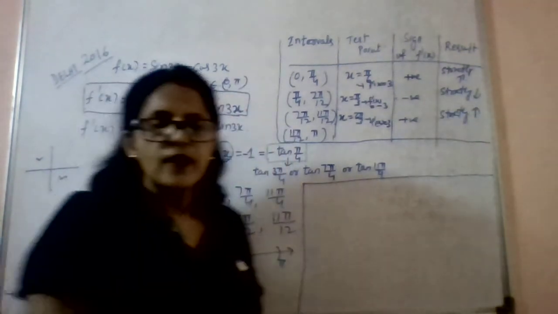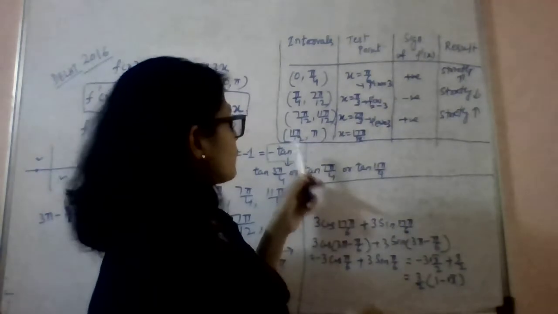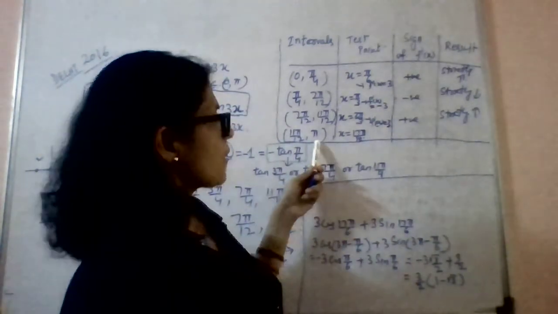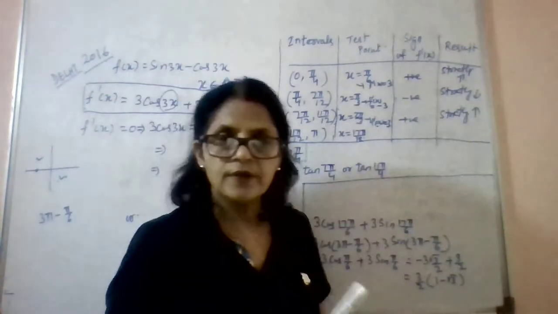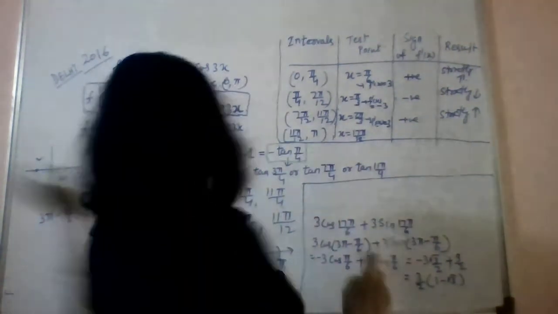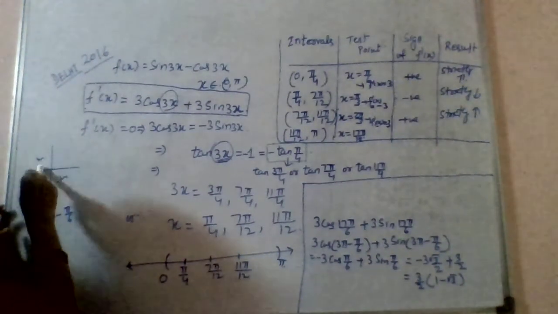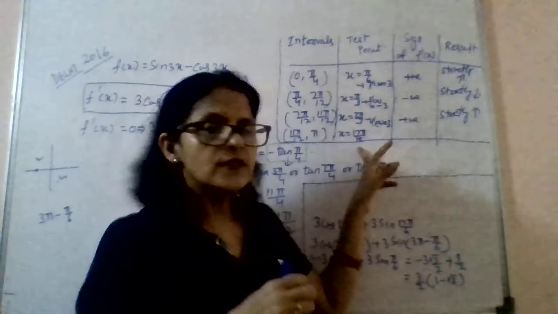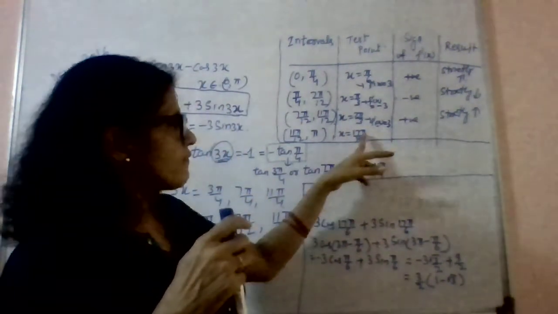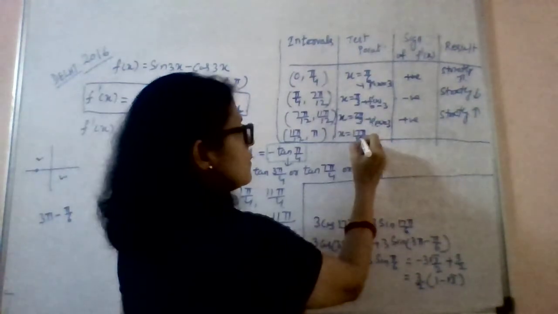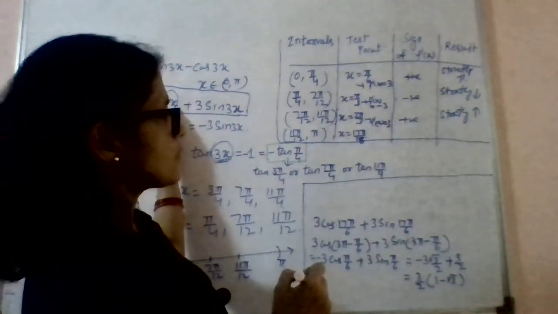Okay. Now your last point is between 11 pi by 12 and pi. You can think of a value like 17 pi by 18, because we are here in the second quadrant. After one complete rotation we are going here, so that's why 17 pi by 18. Now we need to calculate this. Whenever you take x equal to 17 pi by 18, your 3x would be 17 pi by 6.